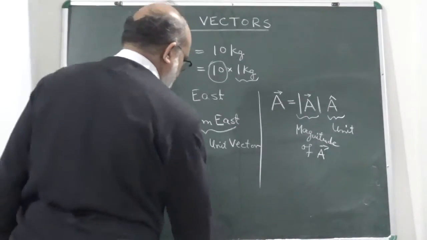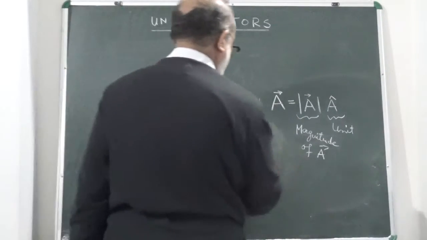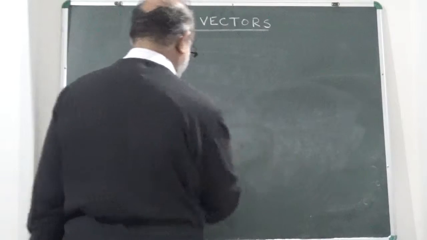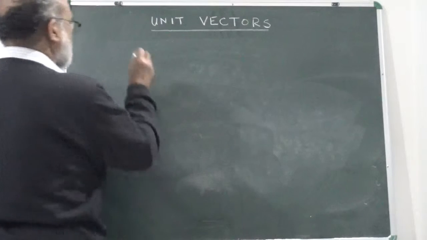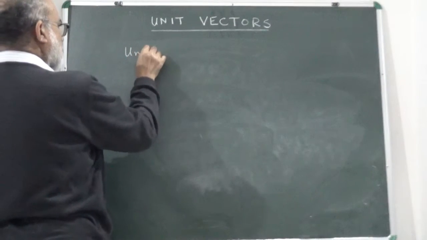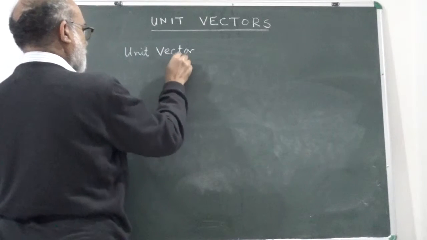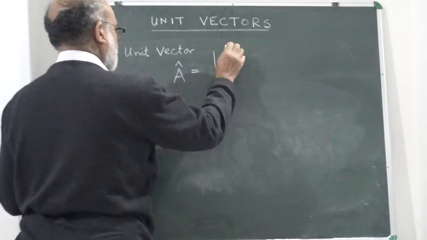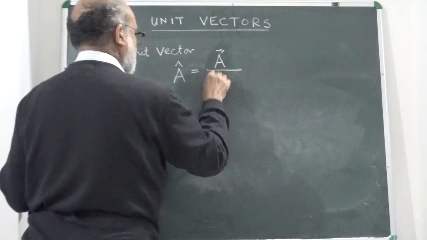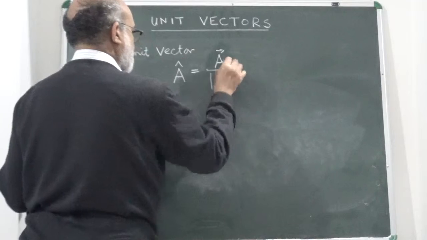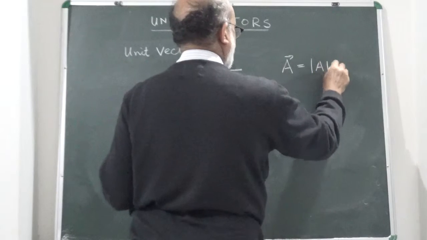So the unit vector of A can be written as the vector A divided by its magnitude, because A is actually the magnitude times the unit.